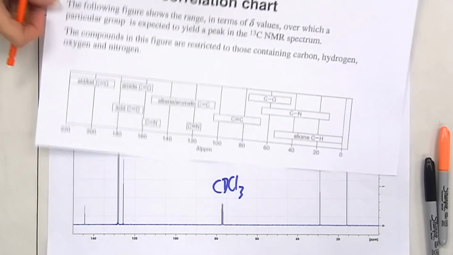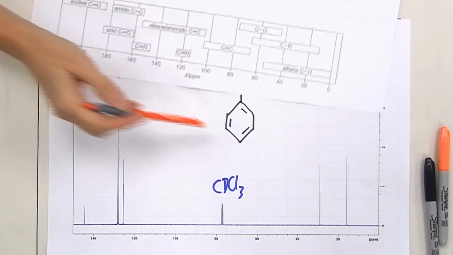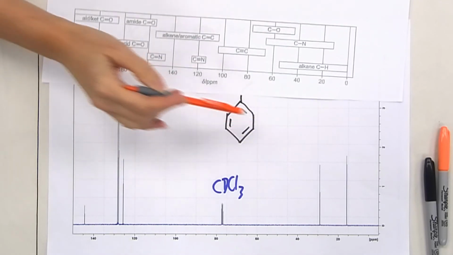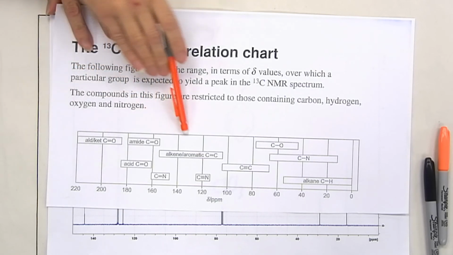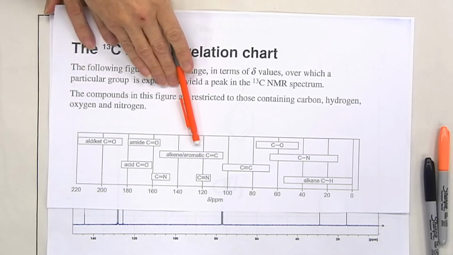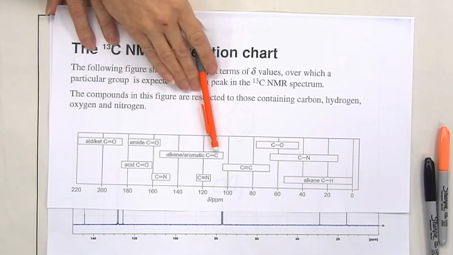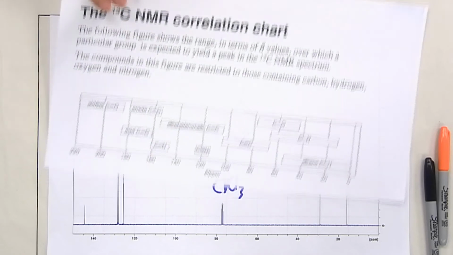We were talking about the fact that we have aromatics, so we would expect the aromatic carbons. If we look on the correlation chart, hopefully you've got your own charts with you that might have a little more detail, the aromatic carbons occur between about 110-ish to about 150 ppm. So is that consistent?